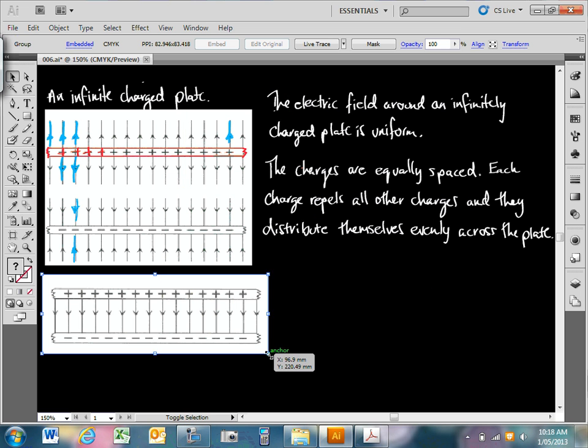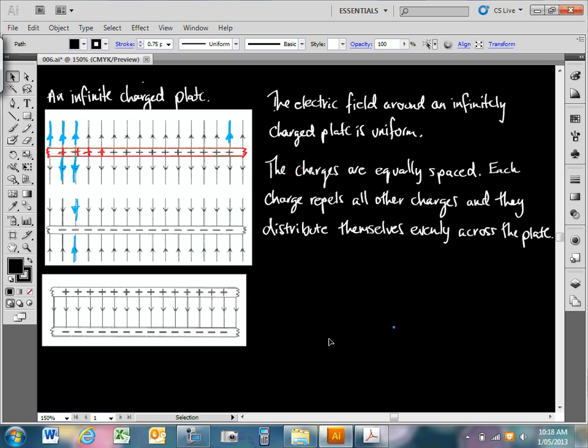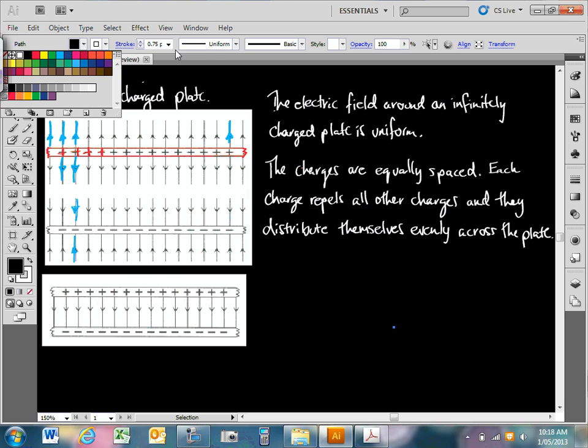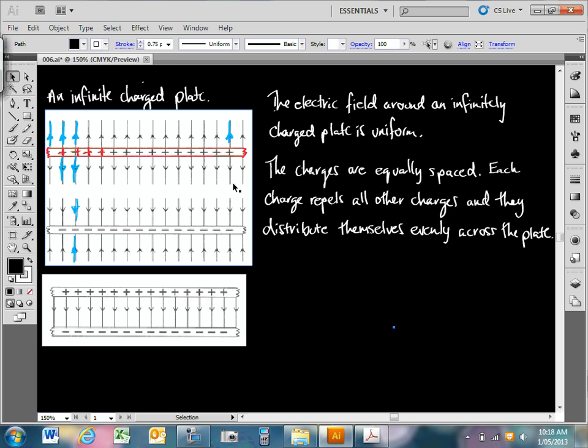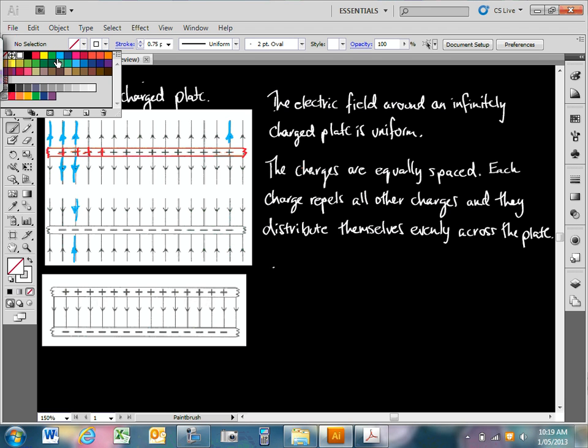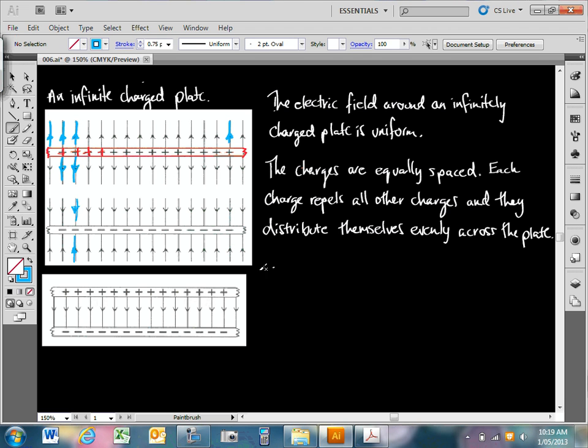Here we have a different situation. Infinite, oppositely charged parallel plates.